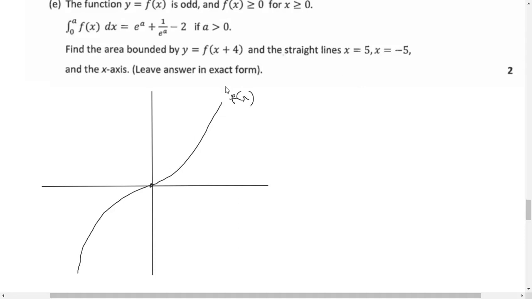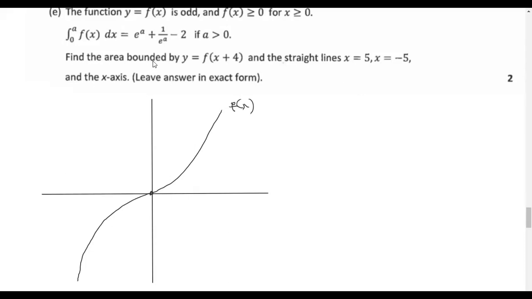So this is some idea of what it might look like. And the thing is, you're asked to find the area bounded by y equals f of x plus 4, which is not f(x), but f of x plus 4. But if f(x) is like this, hypothetically, then f of x plus 4 means you shifted f(x) to the left by 4.